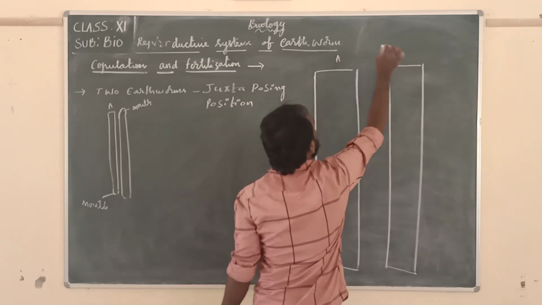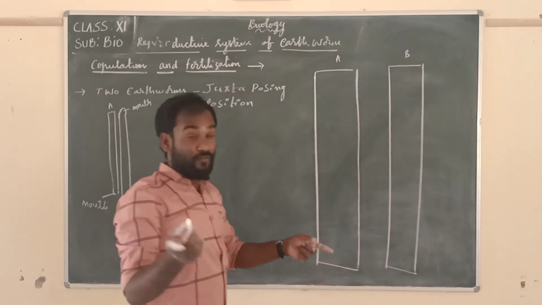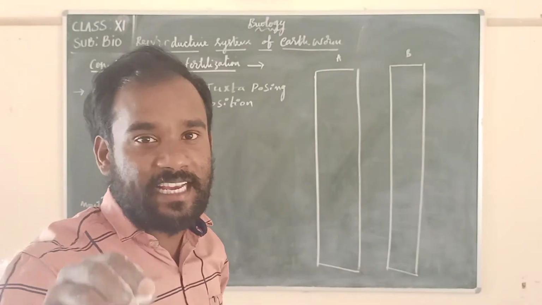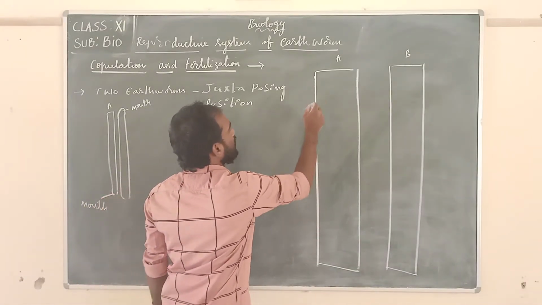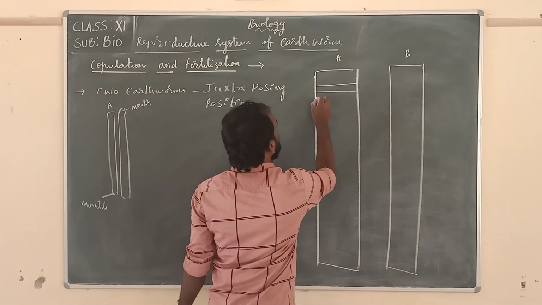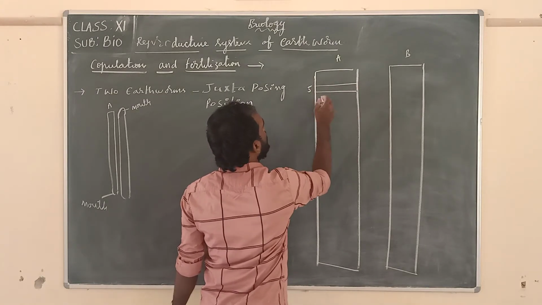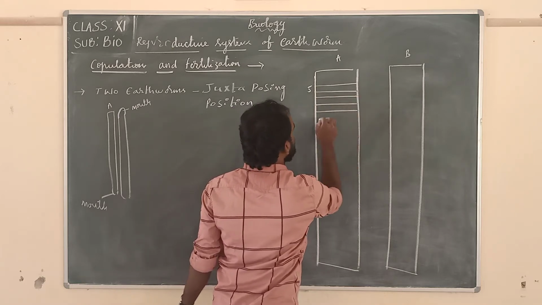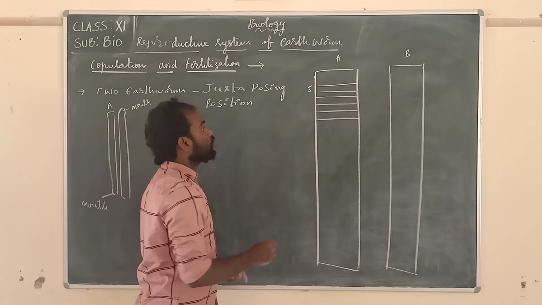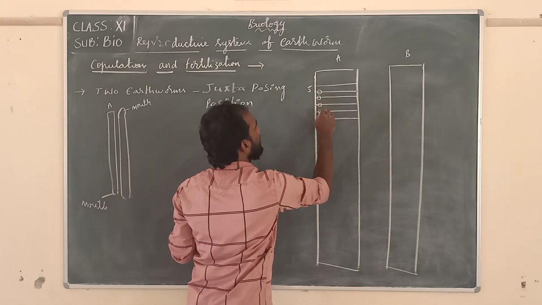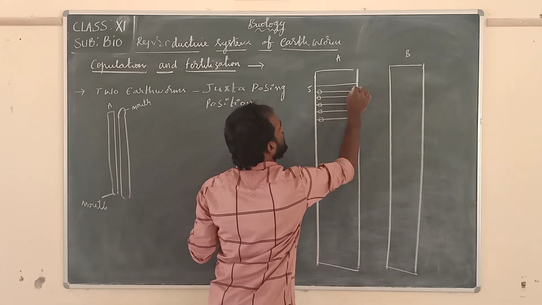So this is one earthworm A, this is another earthworm B. When they contact each other in juxtaposing position, in this earthworm, this is 5, 6, 7, 8, 9. So here we know very well, spermathecal apertures are present.